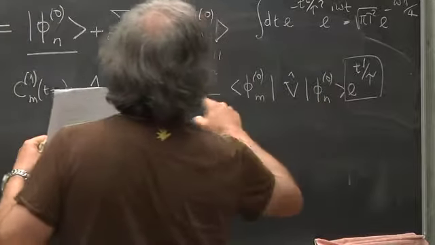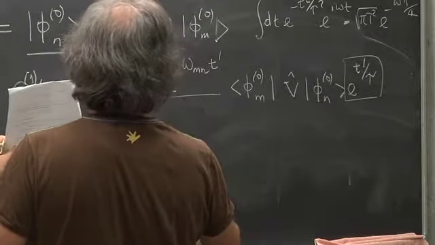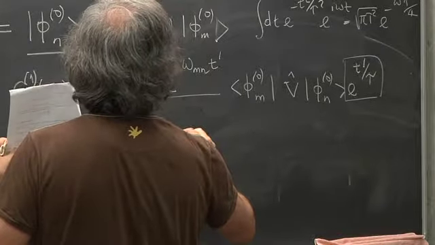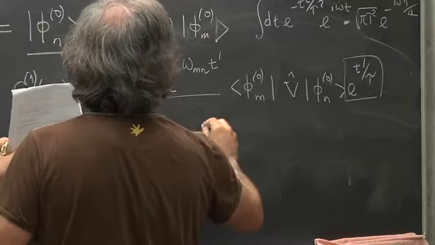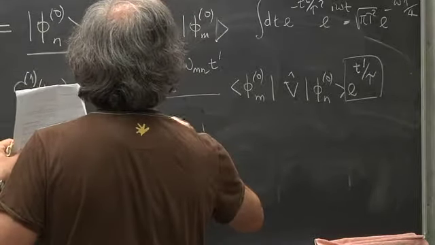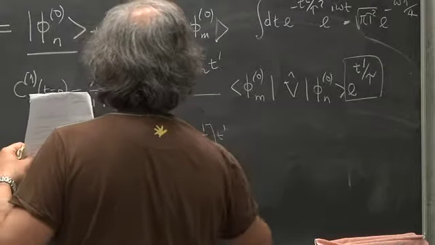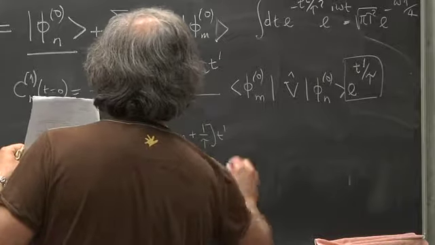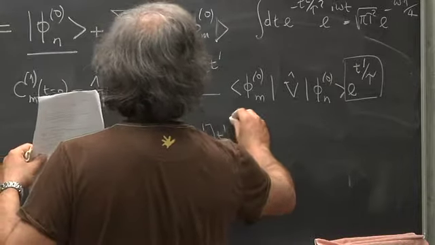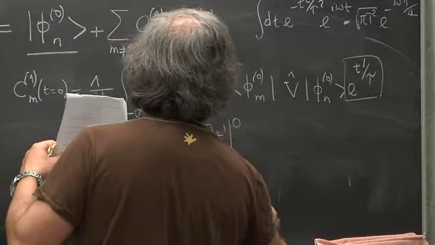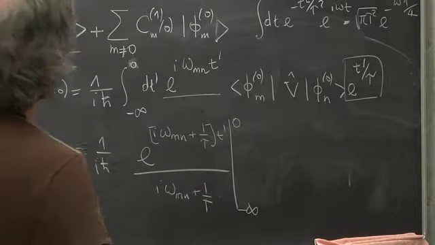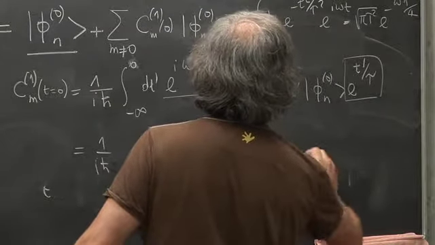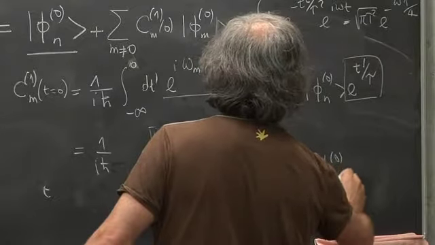The result of this integral, the primitive is e to the i omega m n plus 1 over tau times t prime divided by the same thing. And all this has to be evaluated between minus infinity and 0, and then multiplied by phi 0 m V phi 0 n.